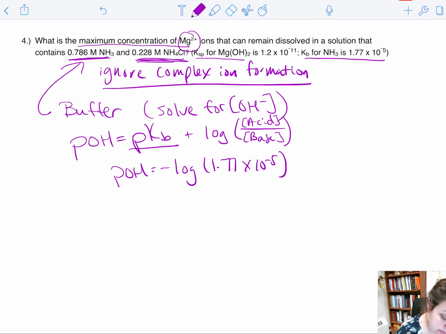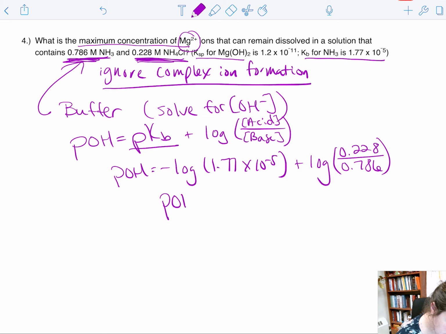Then we add that to log of our acid concentration, 0.228 on the top, and base concentration, 0.786 on the bottom. Calculate this out, we get a pOH of 4.21.